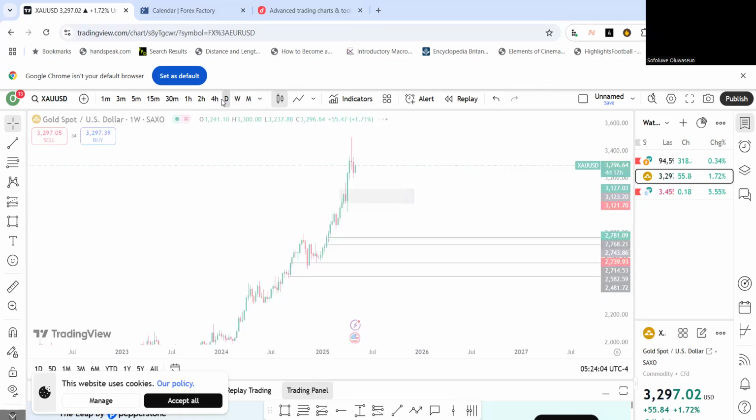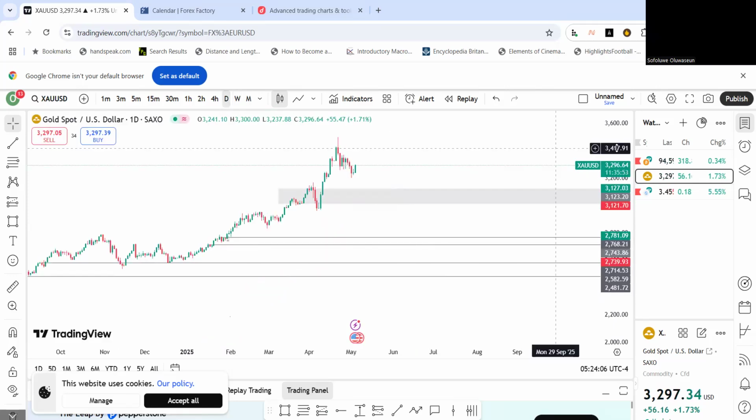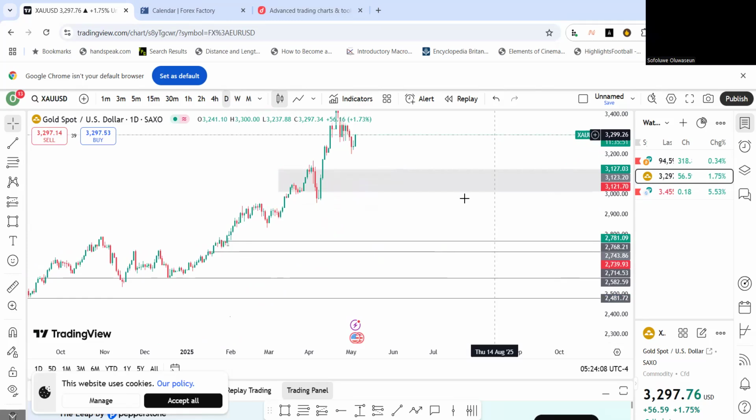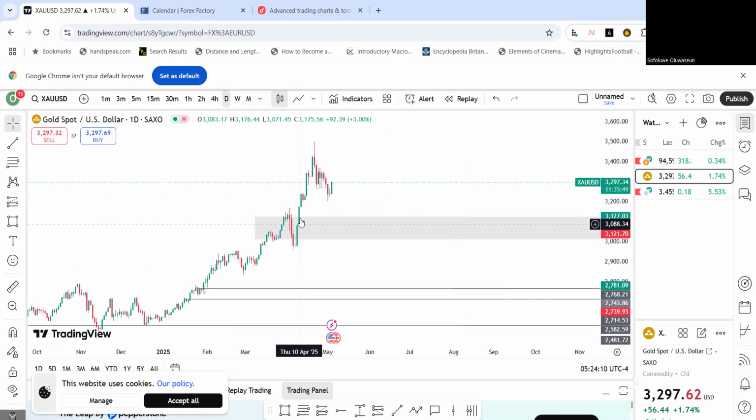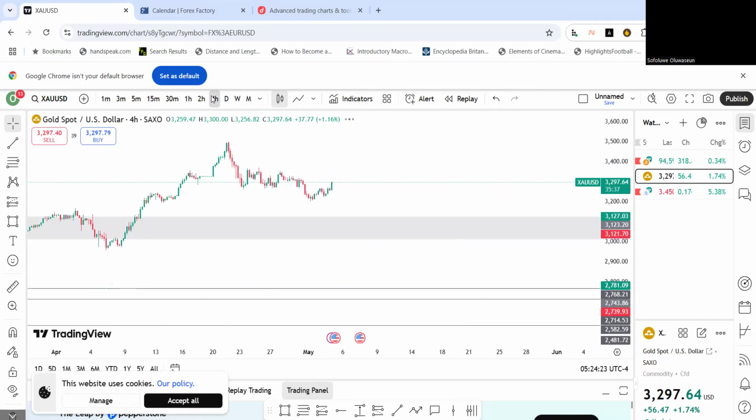Okay, let's check the daily. Yeah, we can see that point. We have huge imbalances there, imbalance one, imbalance two on the daily. So we can see a clear liquidity here before stripping up. So it's a good place for me to join the bullish run on gold. For now, I don't want to enter it.